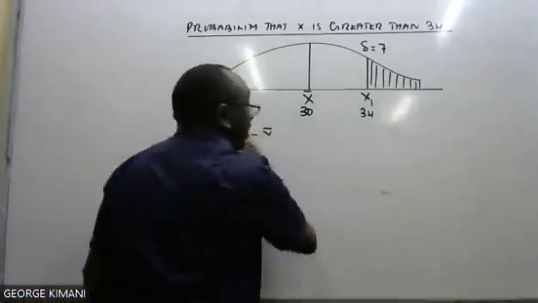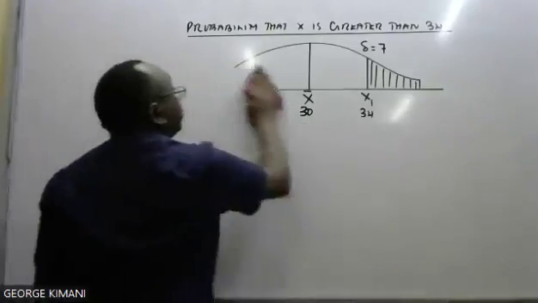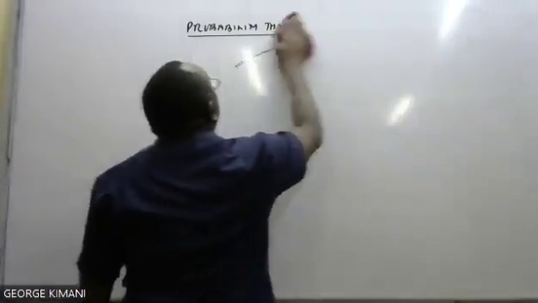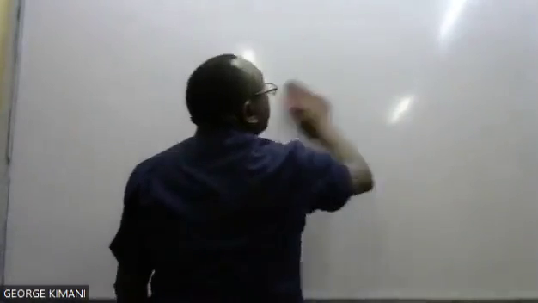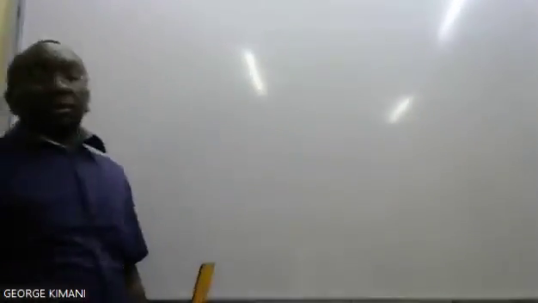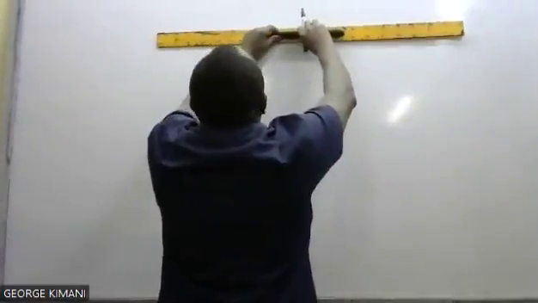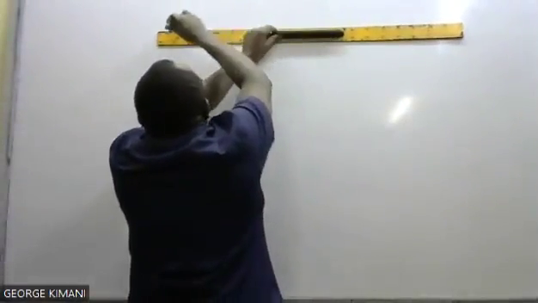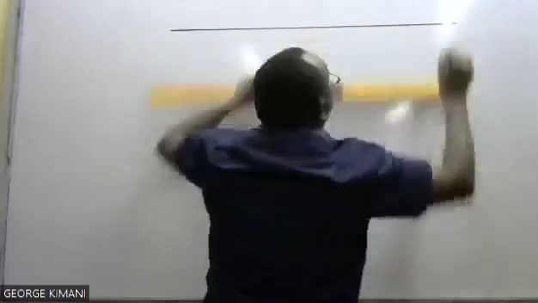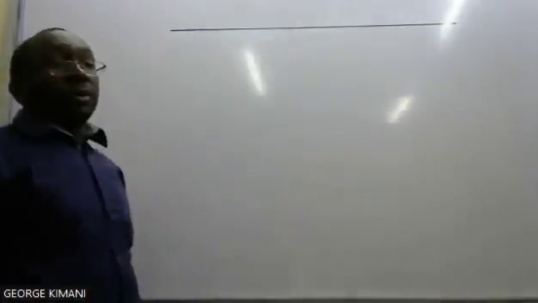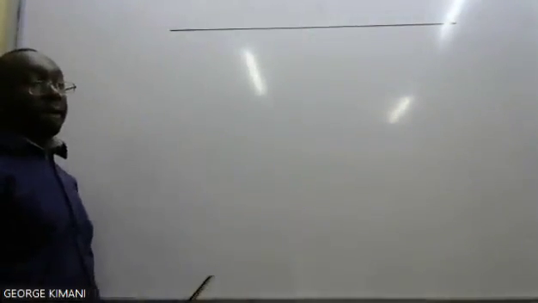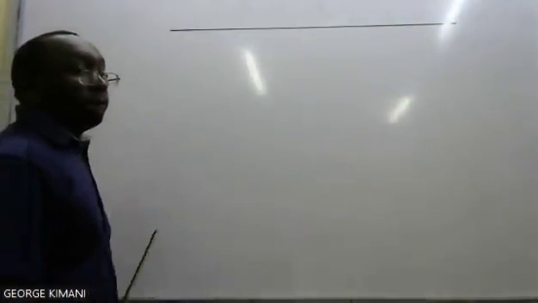Question 25 now. ...a mean of 103.60 shillings and the standard deviation of 8.73 shillings. Determine the percentage of interest that is over 120.05.